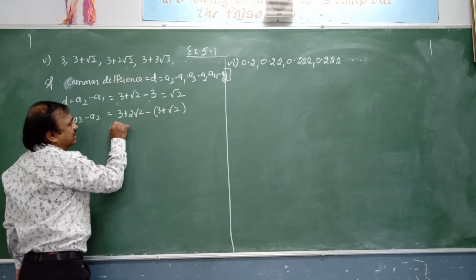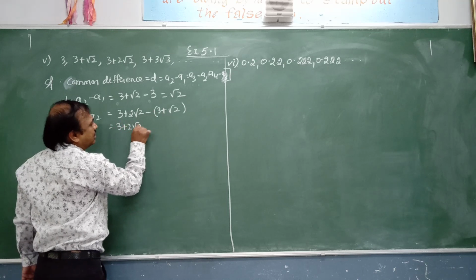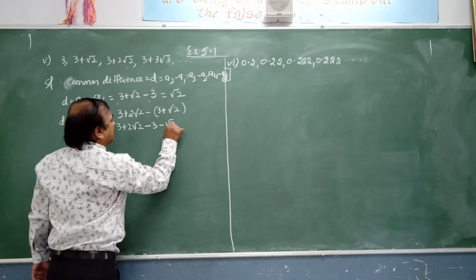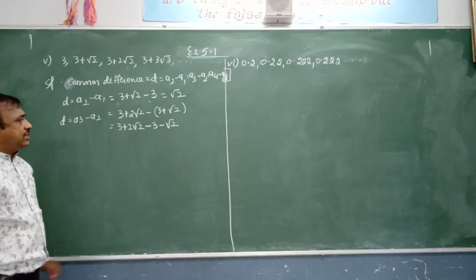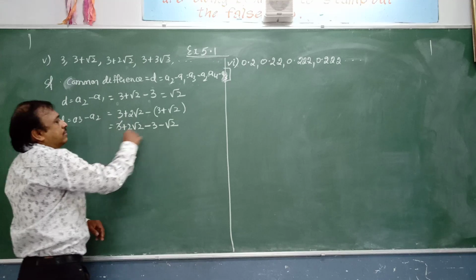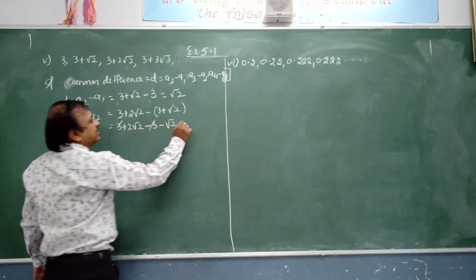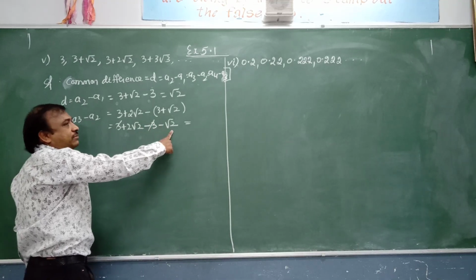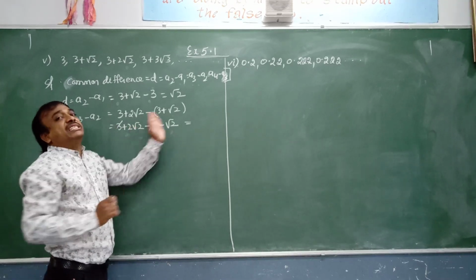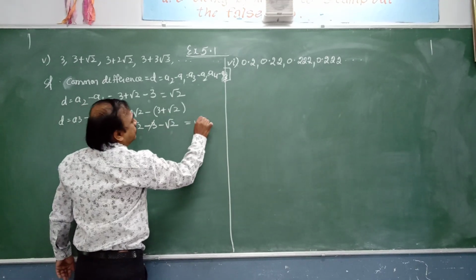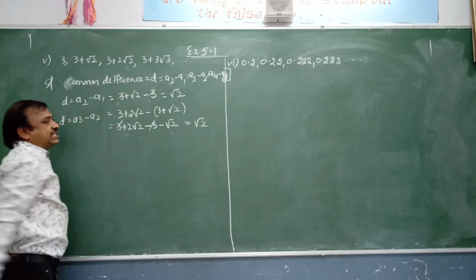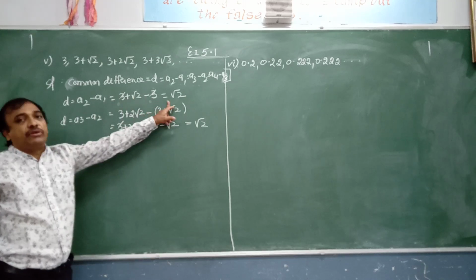Now in this, 3 plus 2 root 2, open the bracket, minus 3 minus root 2. Minus root 2. Plus 3 minus 3 cancel. And here this is 2 times root 2 and this is 1 time root 2. 2 times root 2 minus 1 time root 2 is root 2. So here also plus 3 minus 3 cancel, it makes 0.